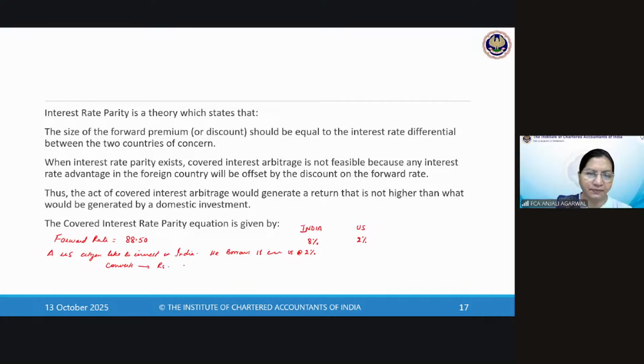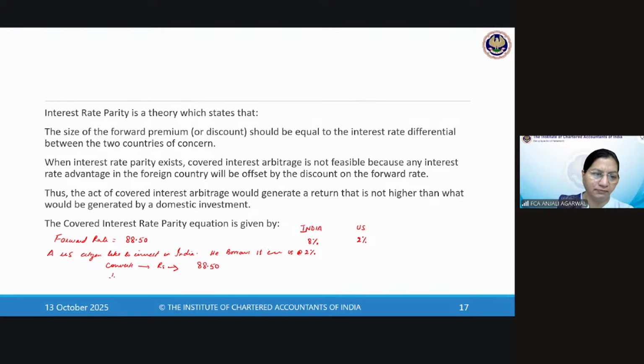Second step. So you will borrow in the country where the interest rate is less and invest in the country where the interest rate is higher. So the US citizen will like to invest in India, and he will borrow $1 in the US at 2%, convert it into rupee. $1 will convert to 88.50.